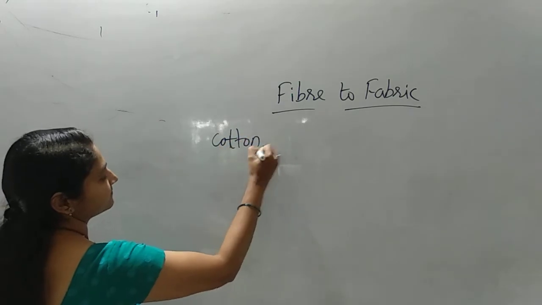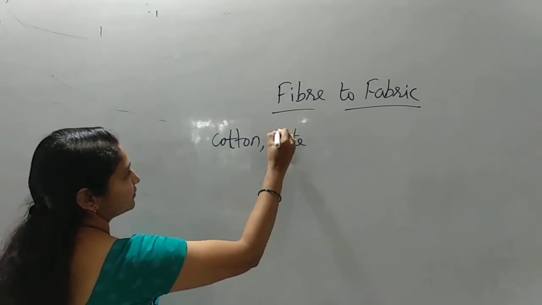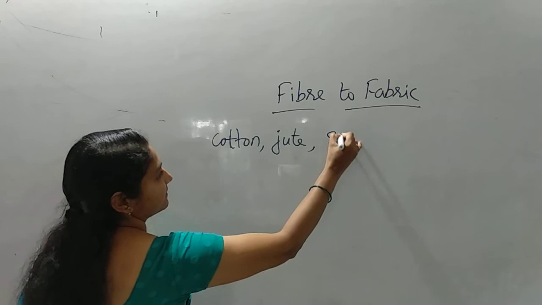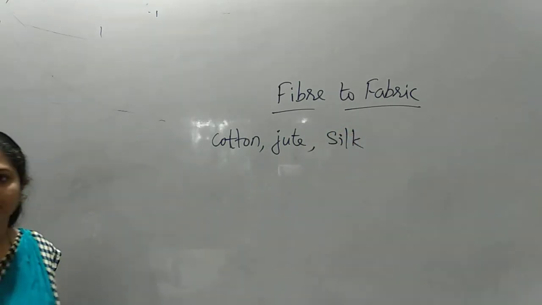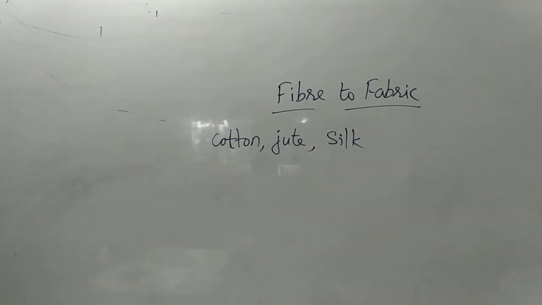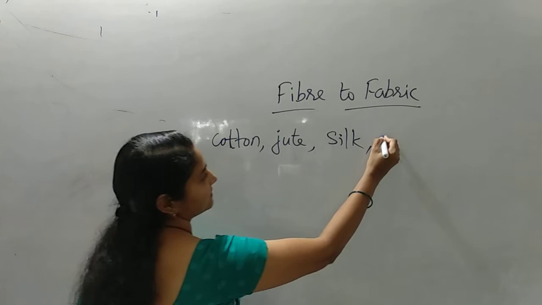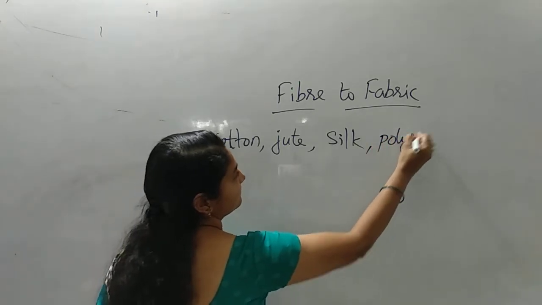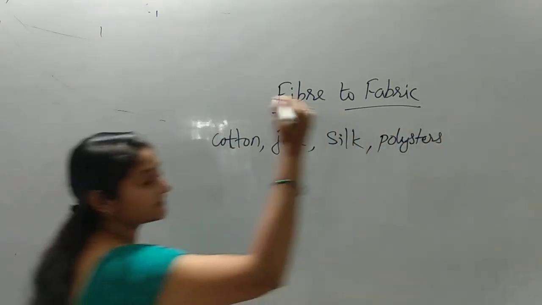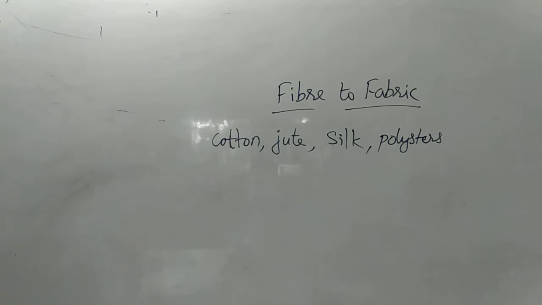Cotton, jute, silk, right? And synthetic fibers and polyesters, right? These are the different varieties of cloth materials.